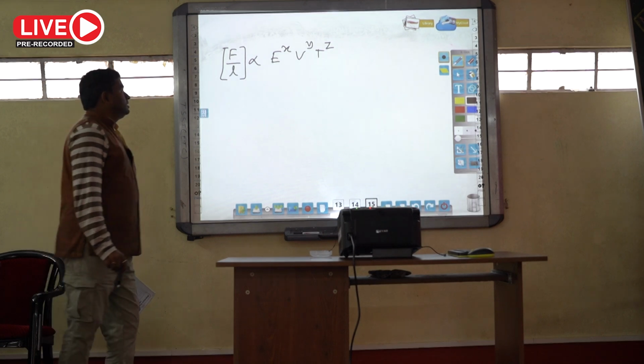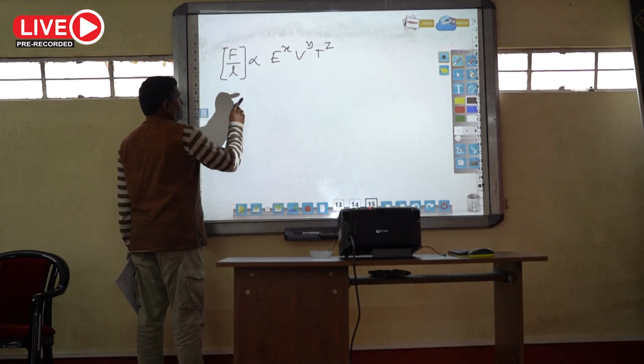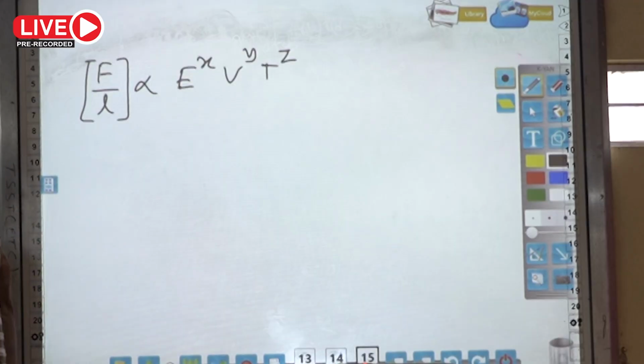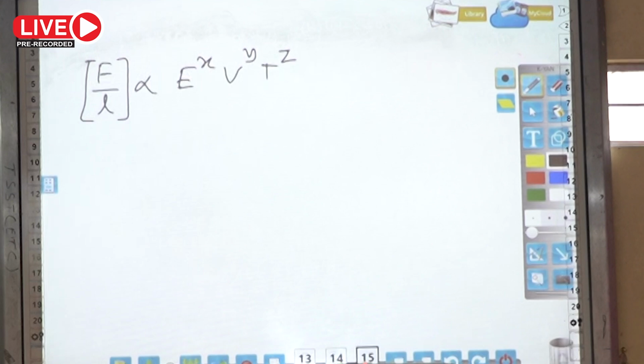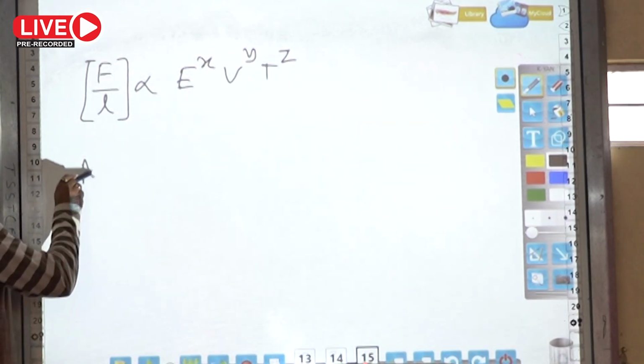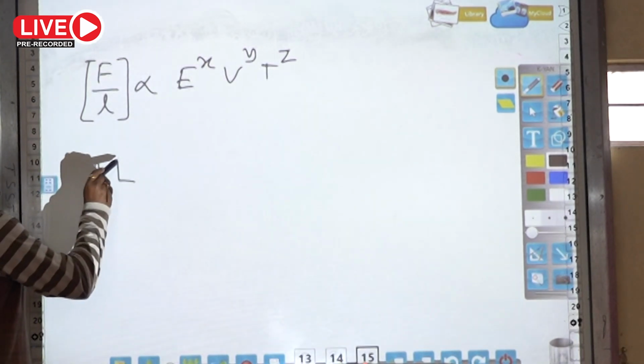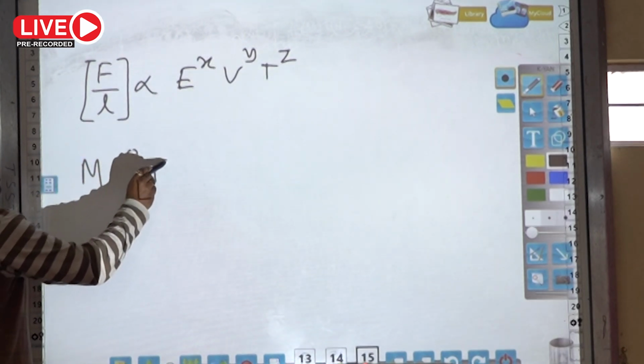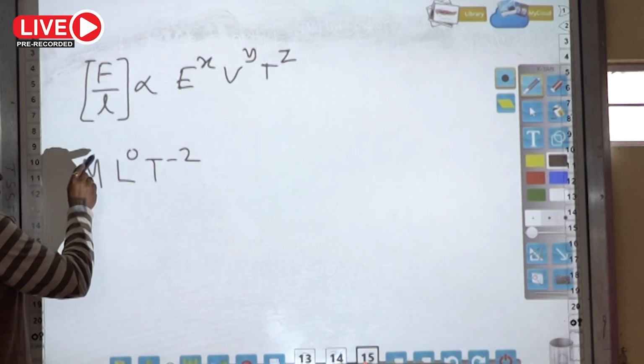Okay, then we know that force has a dimension M L T to the power minus 2, divided by L. So L will cancel, so it will be M, L to the power 0, and T to the power minus 2.